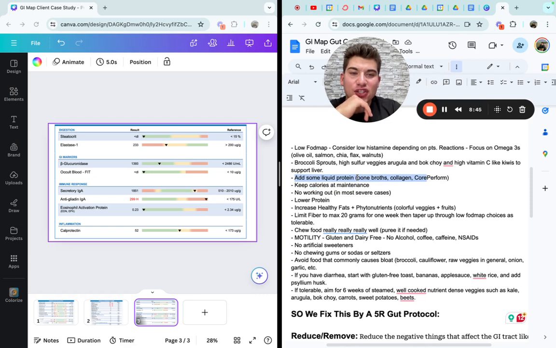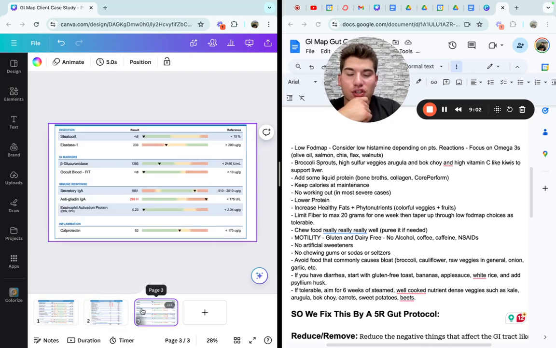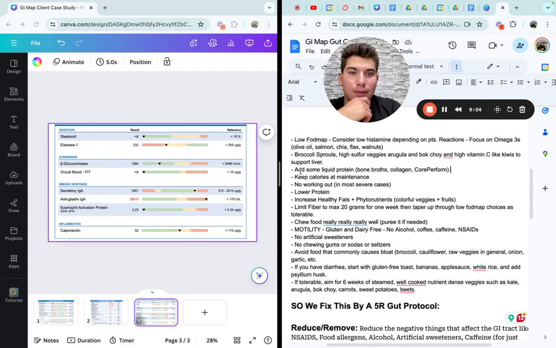And what this is essentially is helping with the nutrients inside the bone broth, like the collagen, helps with the intestinal lining rebuild, the mucosal lining rebuild, and then also lower that GI inflammation. And it's just full of great nutrients.